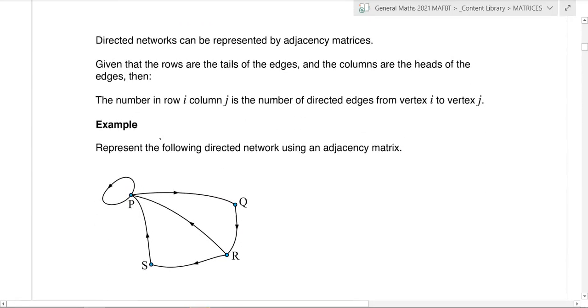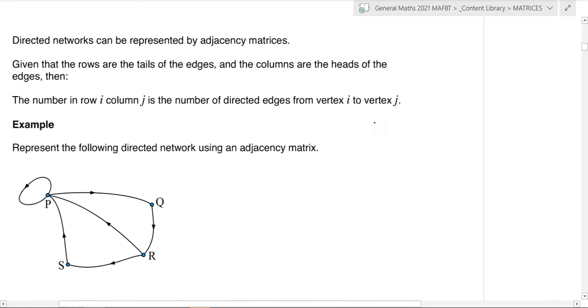Directed networks can be represented by adjacency matrices. Like I said before, there is a relationship between a network and a matrix. So you can represent your networks as matrices, but so can you with directed networks. Given that the rows are the tails of the edges and the columns are the heads of the edges, then the entry in row i, column j, is the number of directed edges from vertex i to j.